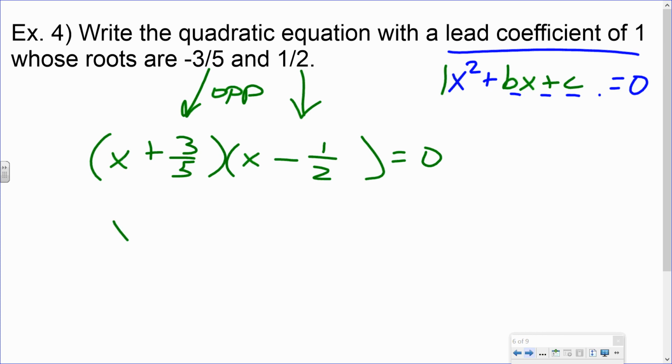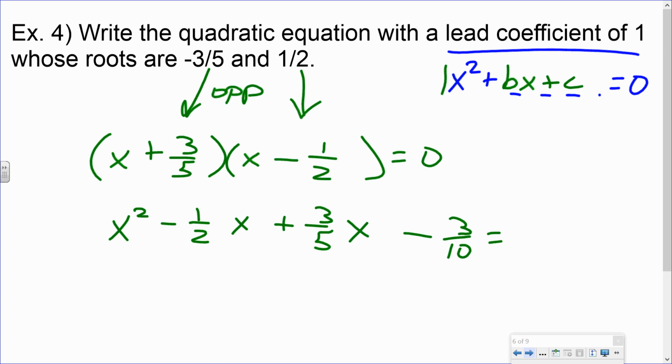So x times x is x squared minus 1/2x plus 3/5 x. Plus times minus is minus, what, 3/10 equals 0. Don't let me make any mistakes with pluses or minuses or anything. So far, so good. Okay, these two are the like terms, so it looks like I need a common denominator of 10.